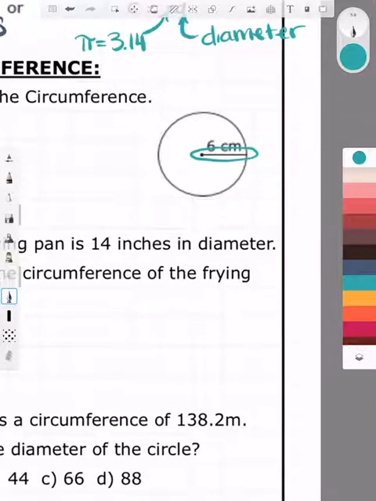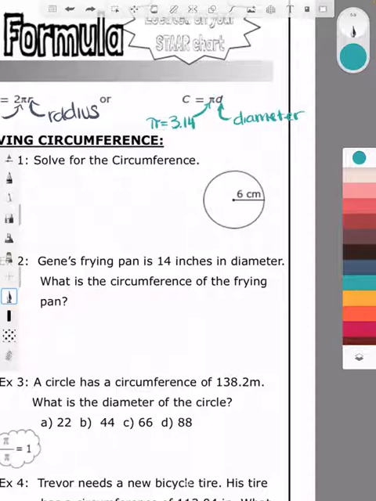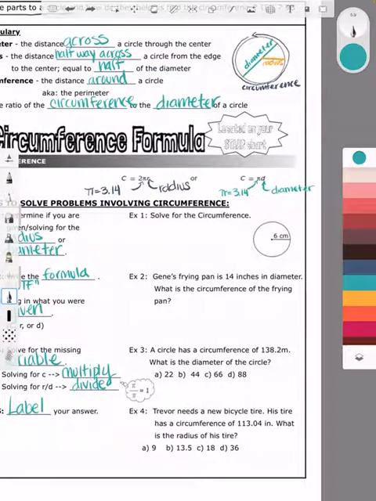We know that's the radius because it's only going halfway through the circle. If it went from end to end, that would be our diameter. But they gave us our radius here. Because we have the radius, we're going to use a formula that has a radius in it, and that formula is C is equal to 2 pi r.